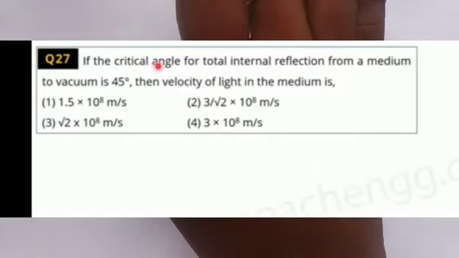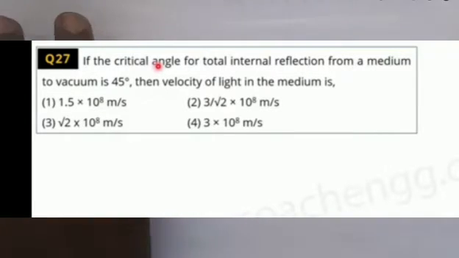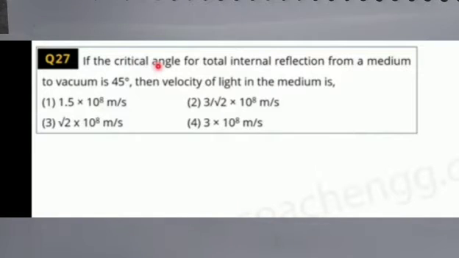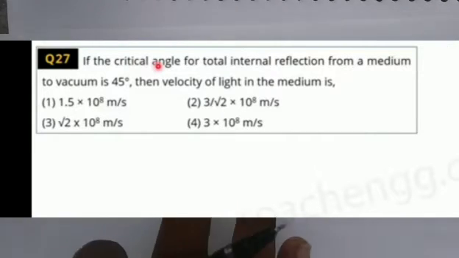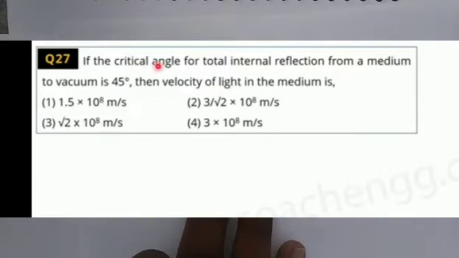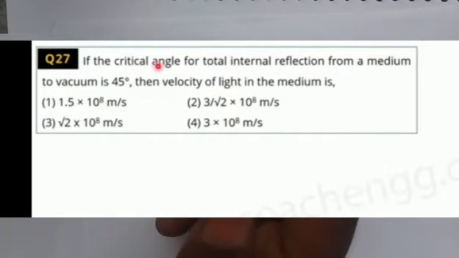This one is a NEET question from 2020. Here we consider that the critical angle of total internal reflection from medium to vacuum is 45 degree.